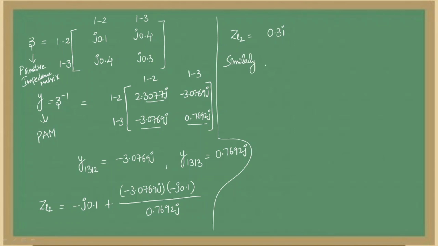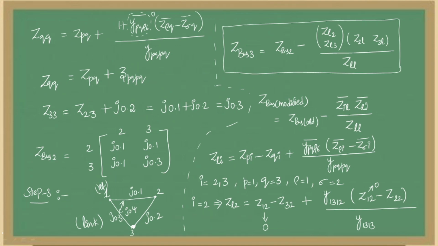Similarly, by considering I value as 3, because what are the I values which we can consider? I values can be considered as 2 and 3. The reason is, in the previous partial network we have created 2 and 3 nodes. So I values must be considered as 2 and 3. When I considered I as 2, I got ZL2.